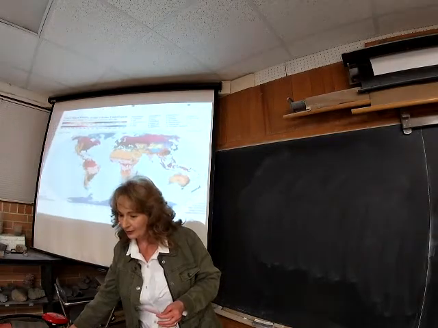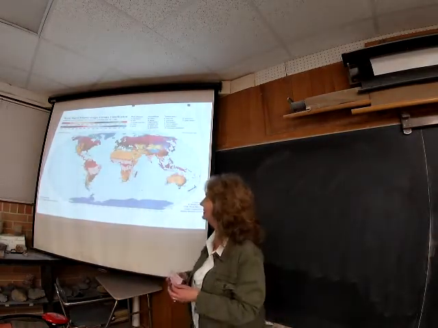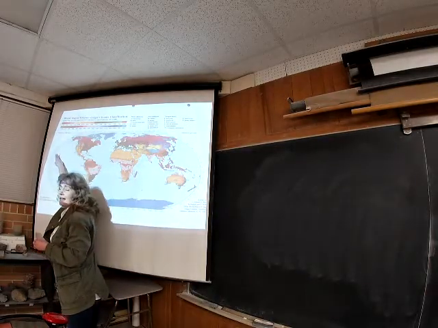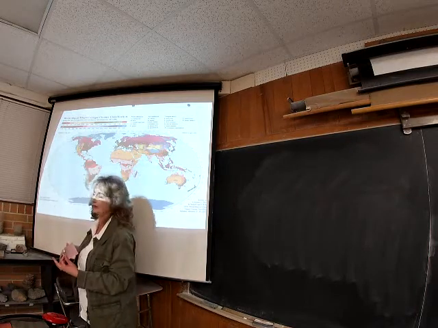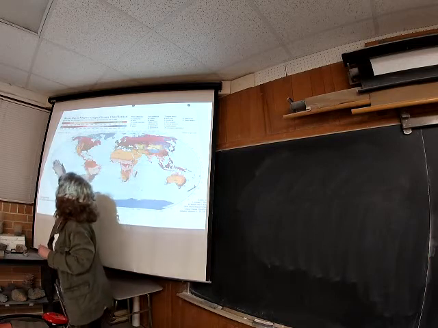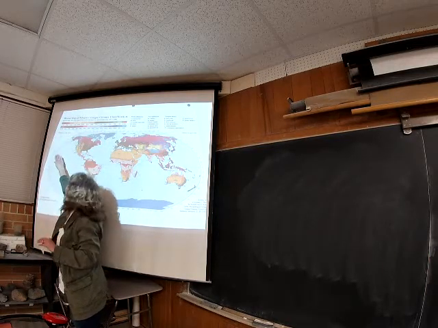Here's our world map, color coded, showing you our desert regions. So here we're at about 30 degrees, right? North latitude in this case. It also happens in south latitude as well. It's like a mirror image of these cells. But this would be the subtropical high region, an area of sinking air.